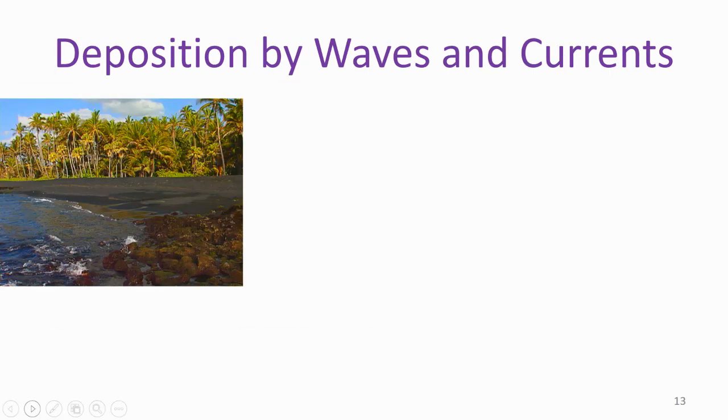So, deposition by waves and currents. A beach is a depositional landform that is formed from this. This is the area of shoreline made of material deposited by waves.